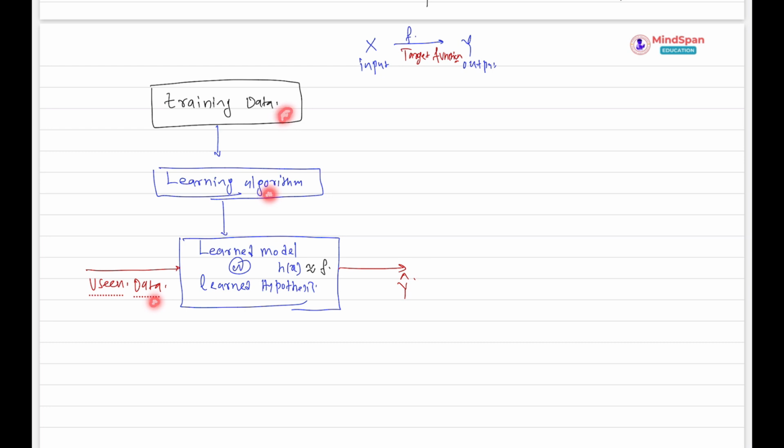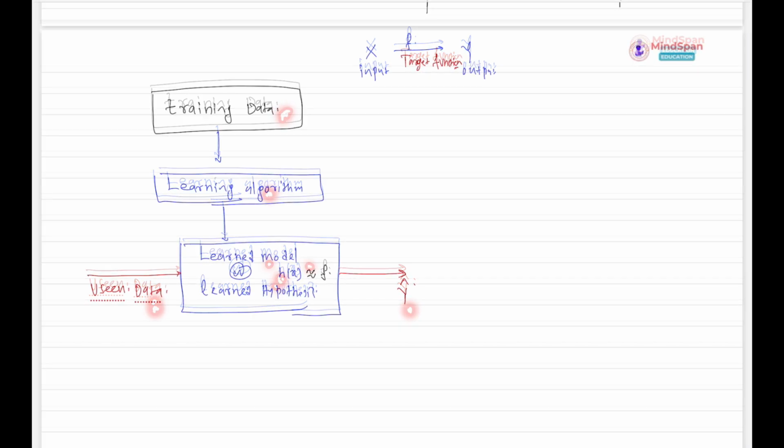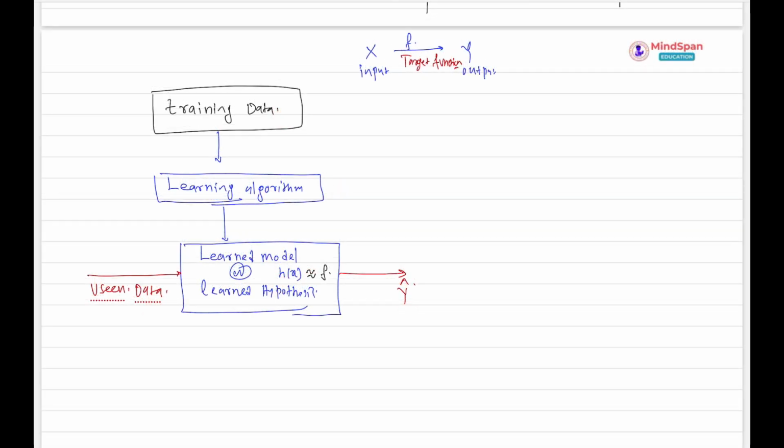We expect our learned model to do well on any new or unseen data, and give you the output or an estimate of the output. Depending upon the problem statement, we will have different kinds of learning algorithms, and that is what we are going to look at.